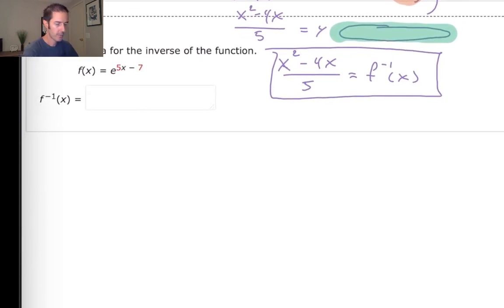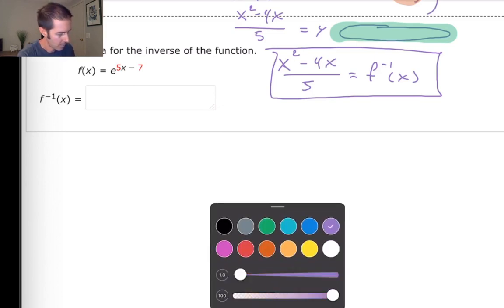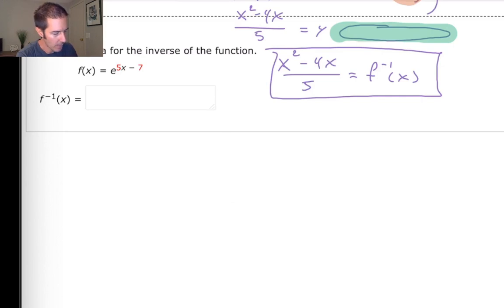Find a formula for the inverse function. Step number 1. Rewrite as a y equals. Swap x and y.